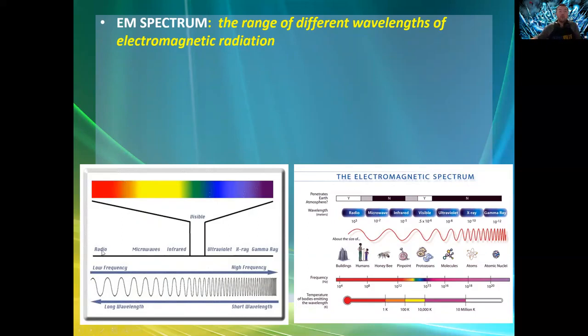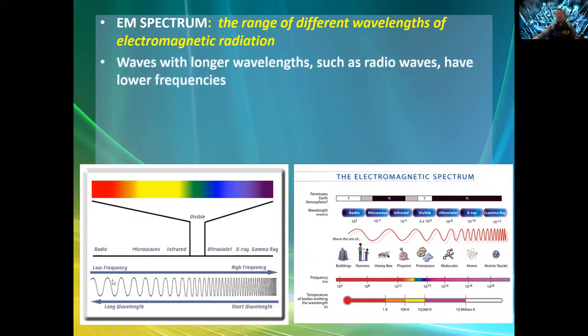And here at one end of the range, you have radio waves, which have the longest wavelengths, all the way to gamma rays, which have extremely, extremely small wavelengths. Wavelengths that are essentially the size of atomic nuclei. Those are really, really small. If you have a longer wavelength, once again, you have a lower frequency because you have fewer waves traveling per second.